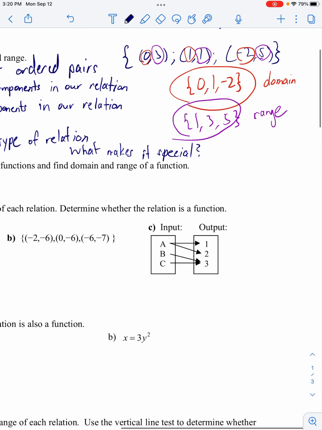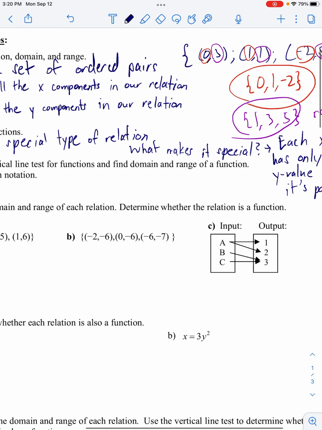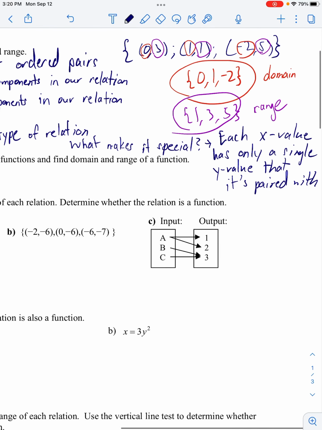What makes it special is that each x value has only a single y value that it's paired with. Each x value is paired with a single y value, okay?